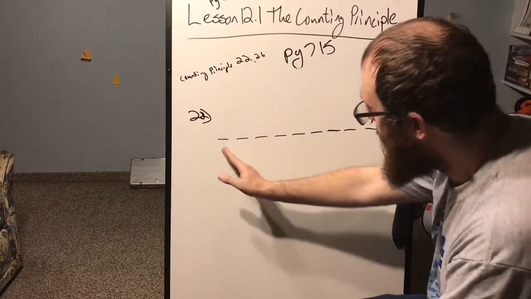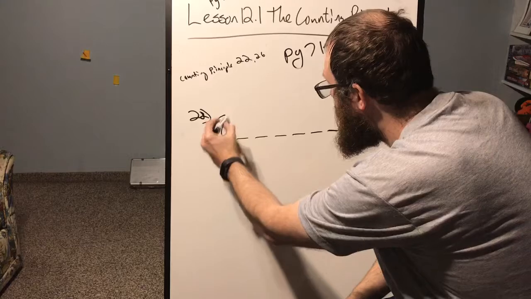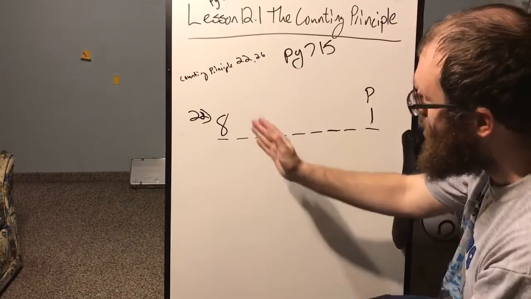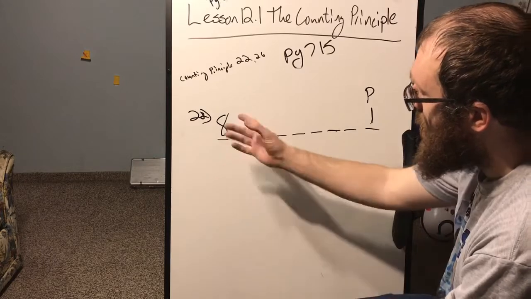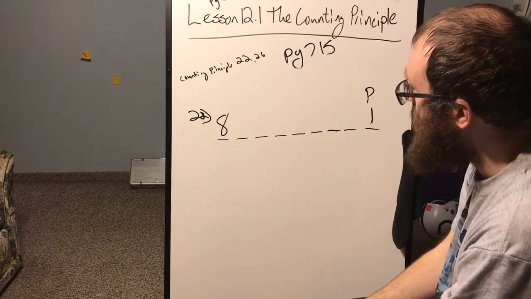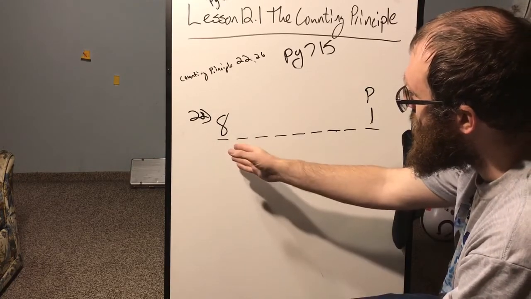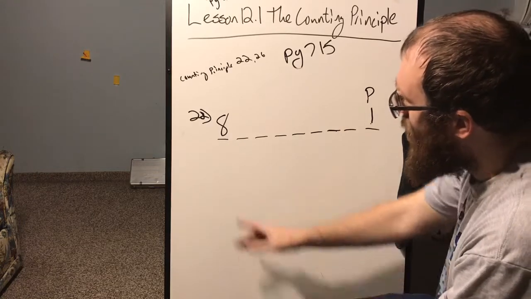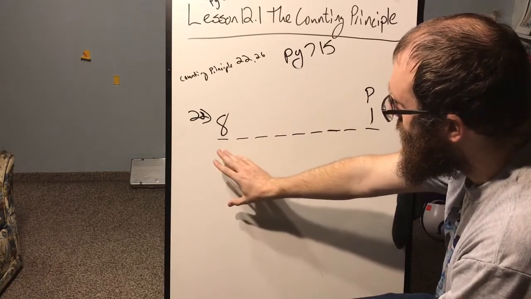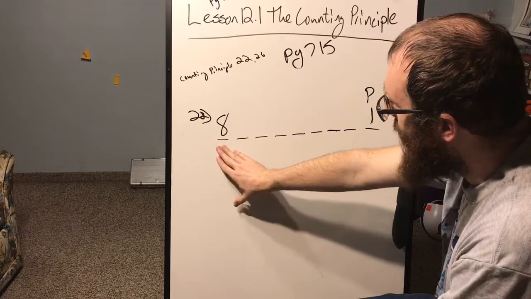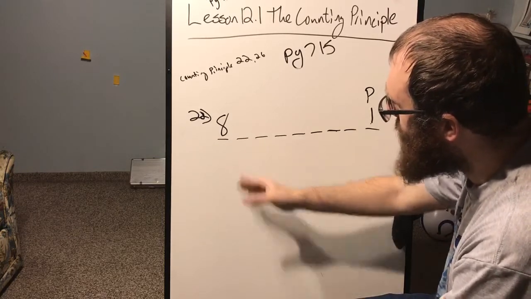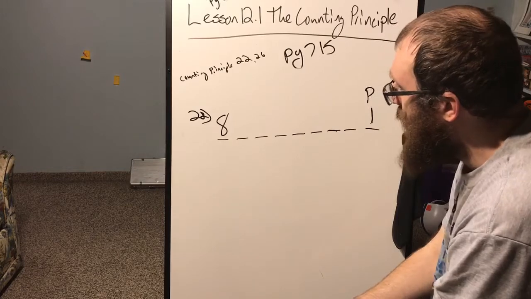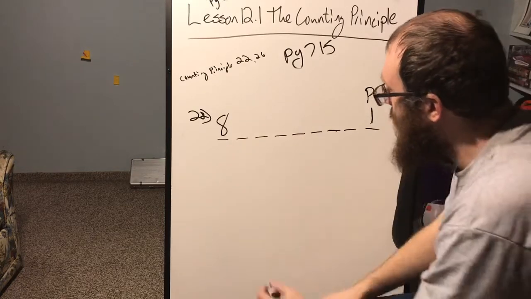So I have 8 guys that I can choose from when I go to pick my first batter. So any of those 8 players on my baseball team could end up in that first position. Now, once I've picked that position, this person, whoever they are, is there. So now when I move on to pick my second position player, I don't have 8 options anymore. I only have 7.